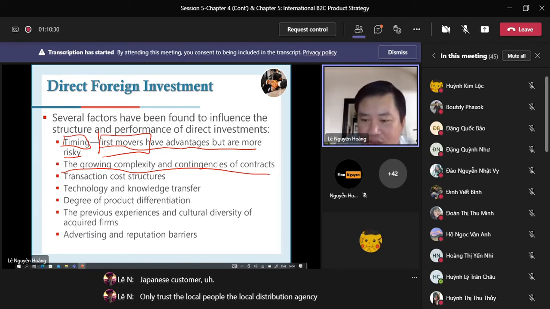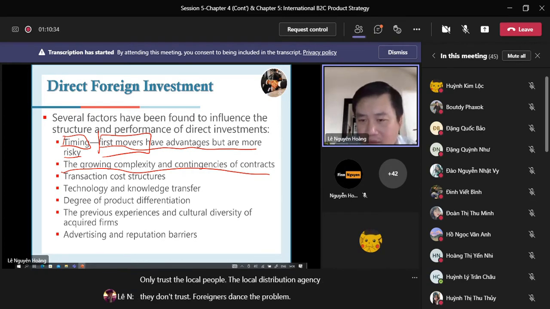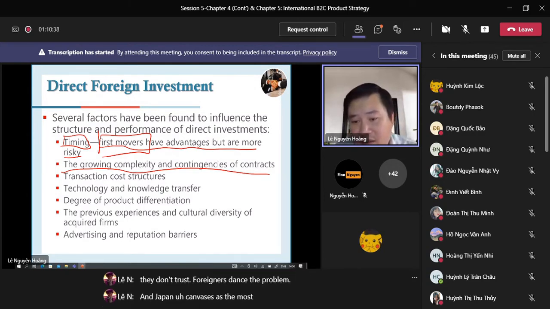They don't trust foreigners. That's the problem. And Japan can be seen as the most difficult country for running an international business. You can do some research on Japan, and you know why I said so.